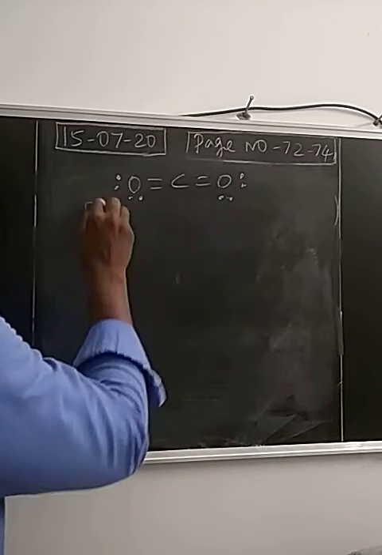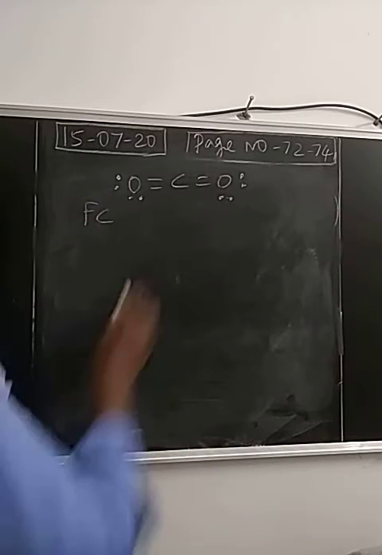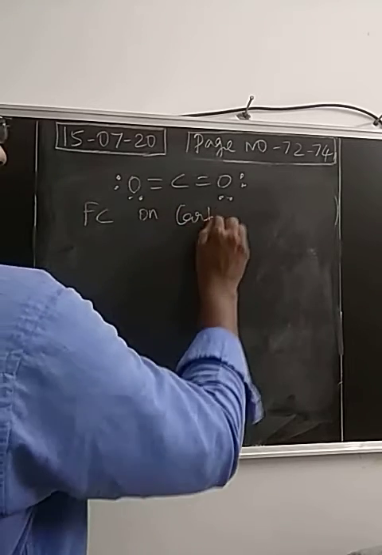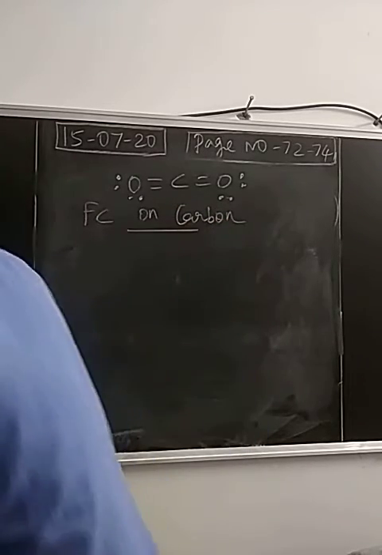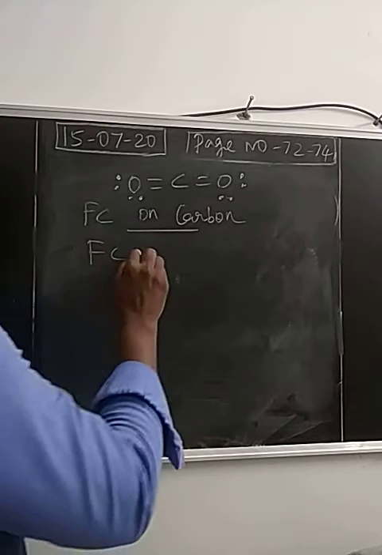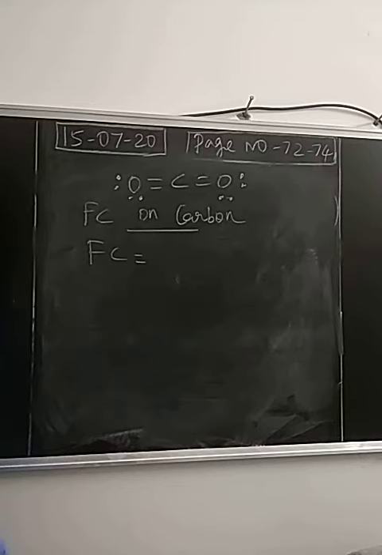Now, formal charge on carbon. We are going to calculate the formal charge on the central atom carbon. So formal charge is equal to NV minus NL plus NB by 2. That is the formula. So what is NV?